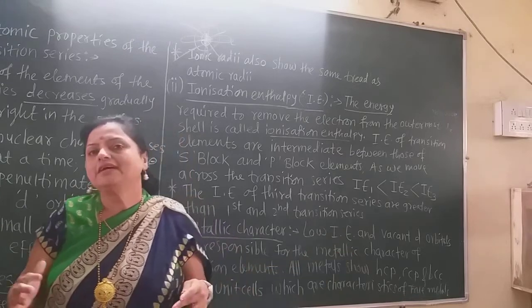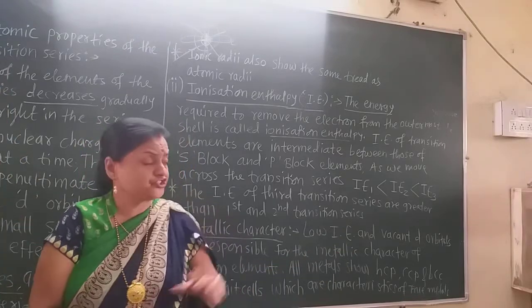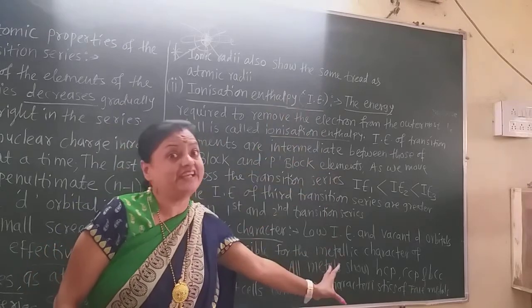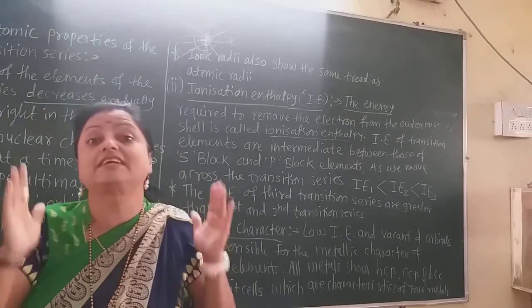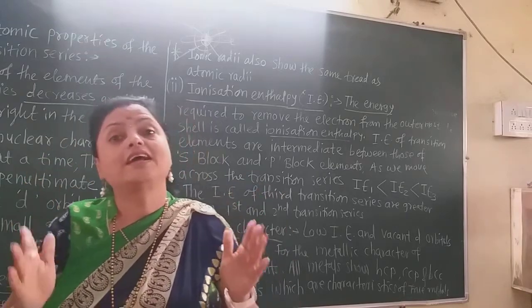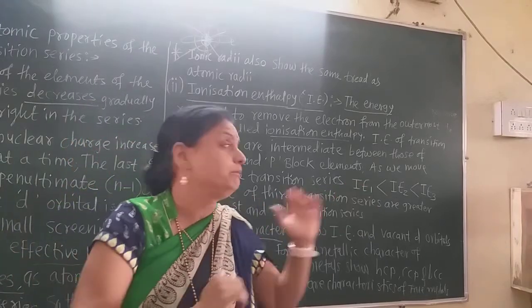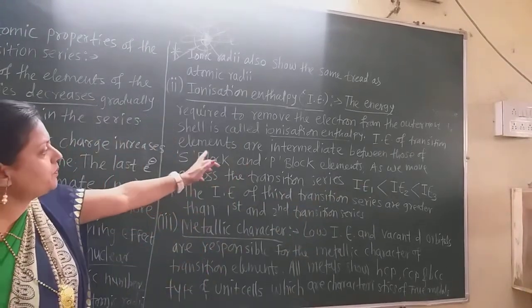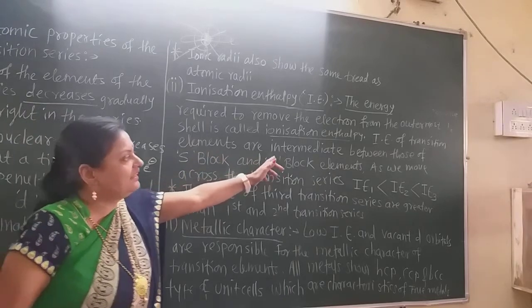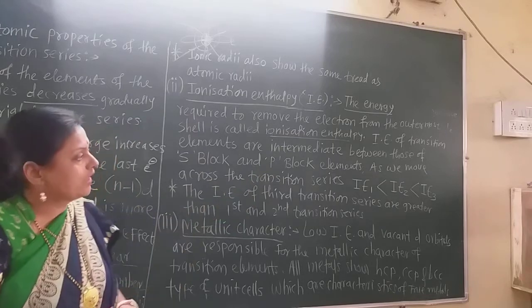We know that the ionization enthalpy of s block elements is very low, that of p block elements is very high, but that of d block elements at the center is always intermediate between the values of s block and p block elements. So the ionization enthalpy of transition elements is intermediate between those of the s block and p block elements.